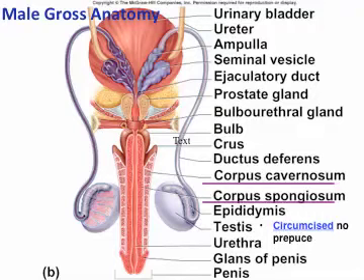So you'd have the ampulla of the ductus or vas deferens, and that ampulla will meet with what's called the seminal vesicle, a gland that secretes ejaculatory fluid, along with the sperm, into the ejaculatory duct.